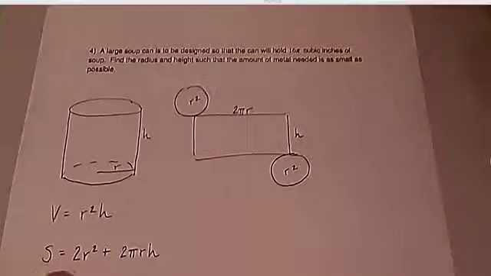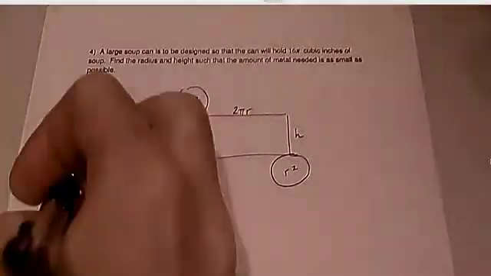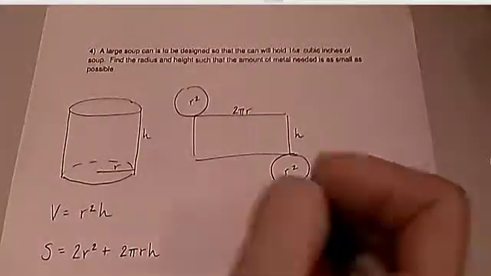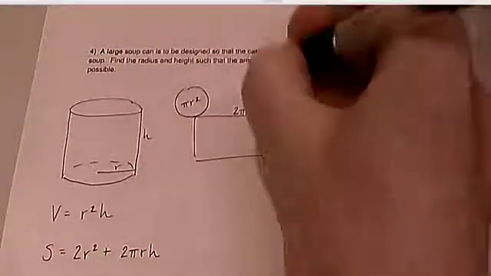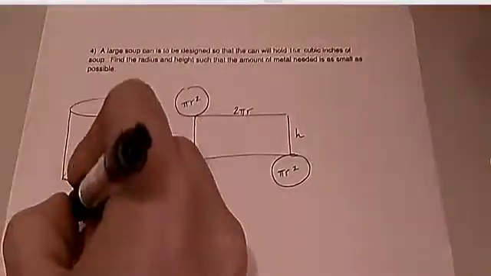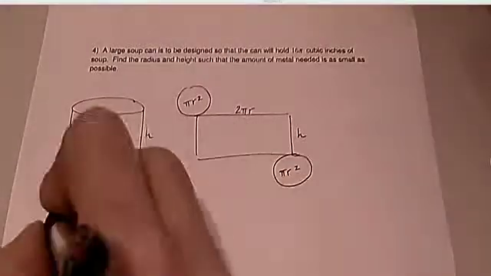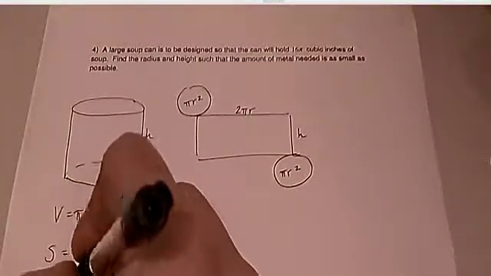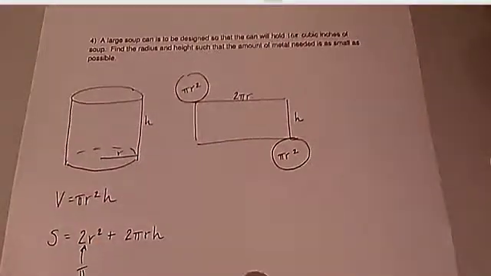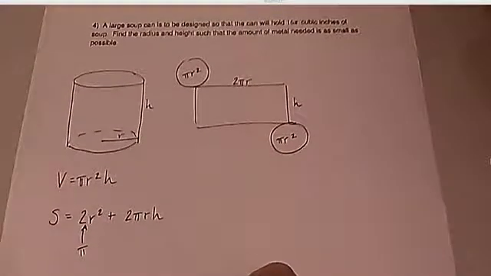Now that is what we're trying to minimize, okay? So if I'm trying to minimize that, oh sorry, all of a sudden I'm forgetting all of my pi's. That's pi R squared, pi R squared, pi R squared H, and of course I need a pi in there as well. I feel like that's a kind of a rookie mistake.